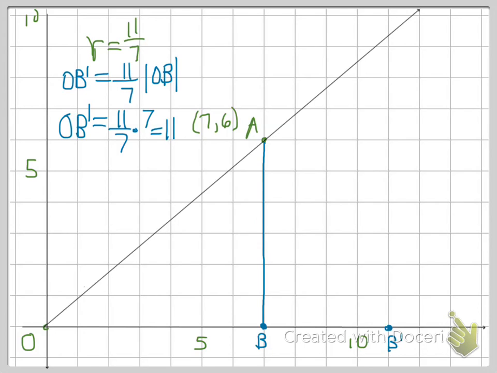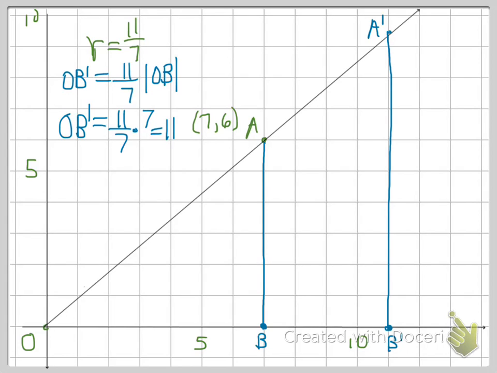So if this is a dilation, then segment AB is going to be parallel to A prime B prime, or dilated A, dilated B. So where this crosses my line up here must be my A prime right there.